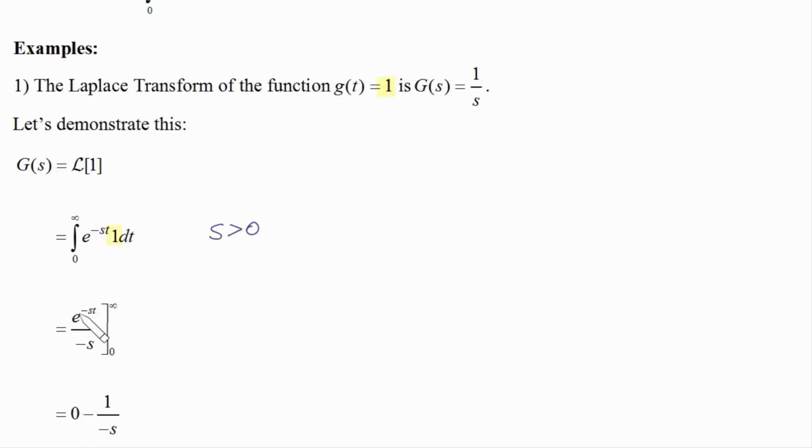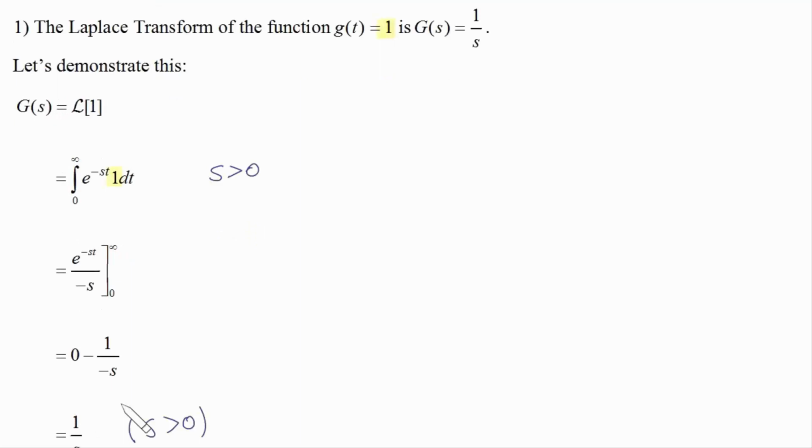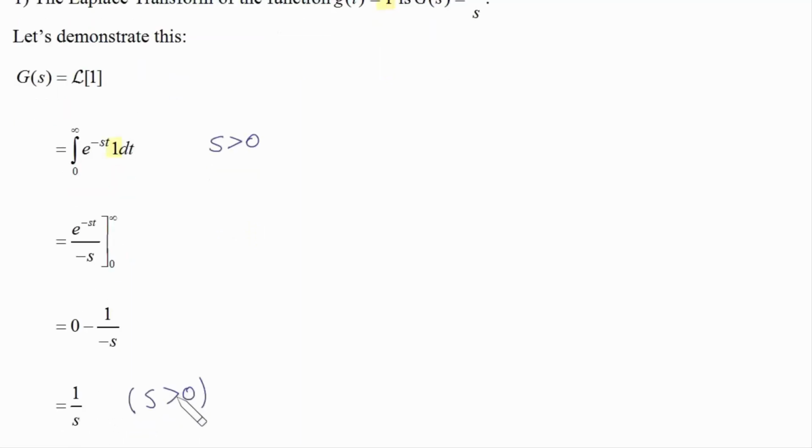The lower limit is 0, e to the 0 is 1, so we get minus 1 over minus s, and the minus with the minus will give us 1 over s. s has to be bigger than 0. Often we won't bother with the domain of the transformed function, but to be precise, we should say that this transform applies when s is positive.